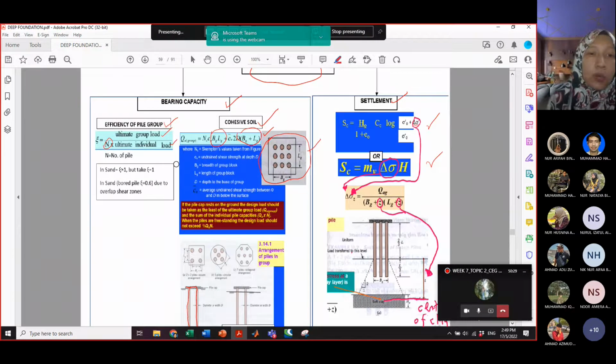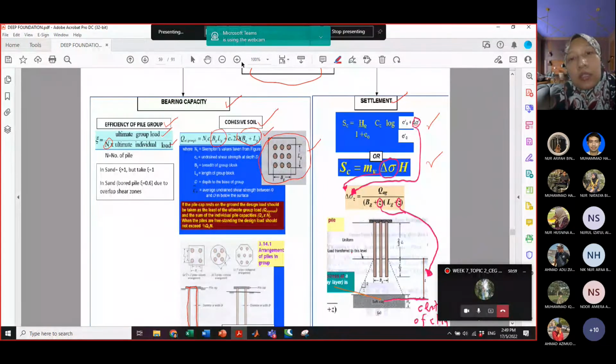For example, just now, what is the ultimate bearing capacity of the group load for 4 piles? You can calculate it with the efficiency of 0.6 times 4 times 1078 kN. So you can get the ultimate group load. So it is vice versa, whether you are asked to determine the efficiency or you are asked to determine the ultimate group load capacity.